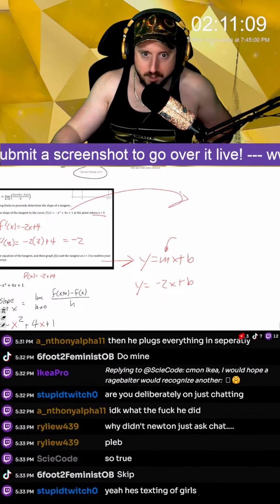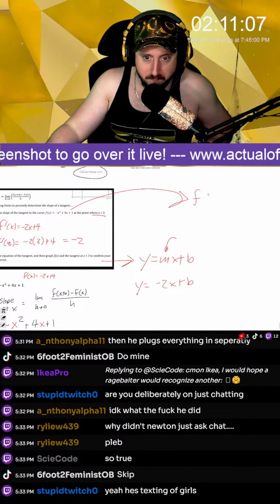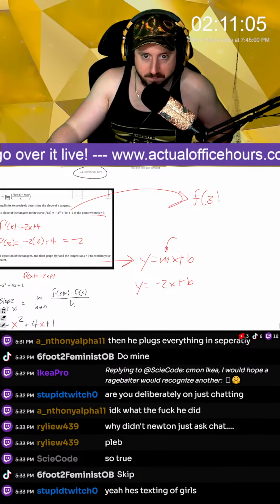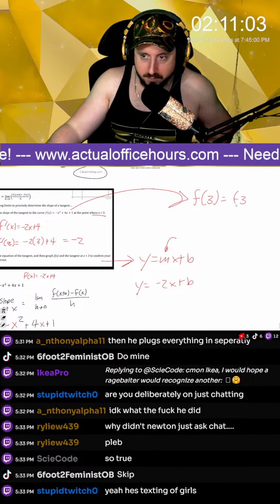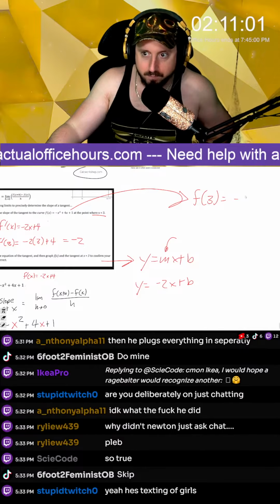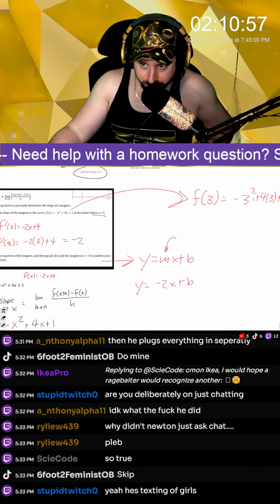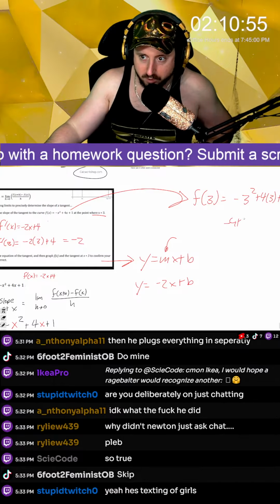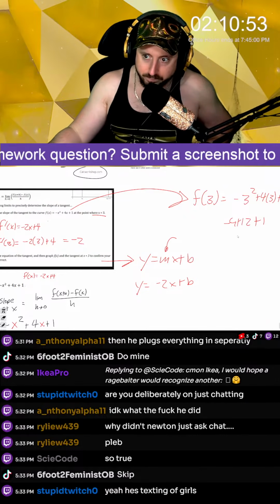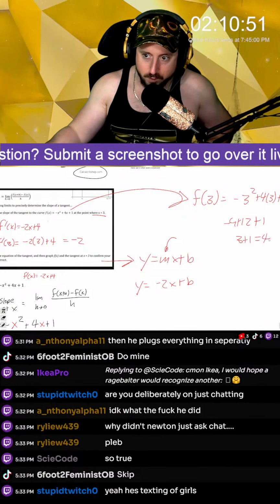So here, we're going to plug in f of 3. That gets me negative 3 squared plus 4 times 3 plus 1. Hmm, actually negative 9 plus 12 plus 1. That's 3 plus 1, which is equal to 4.